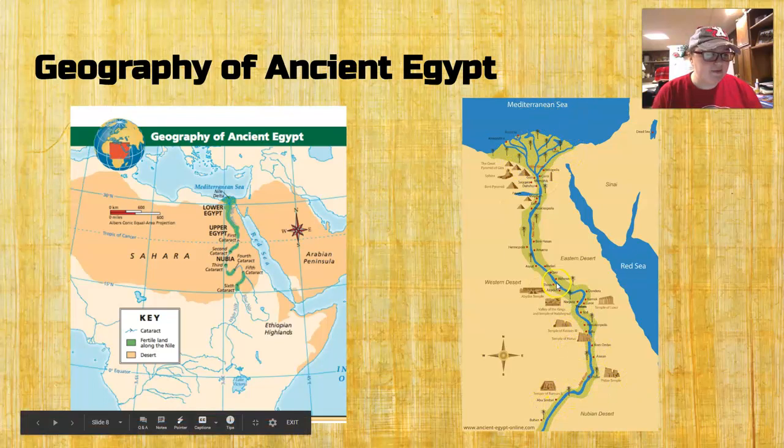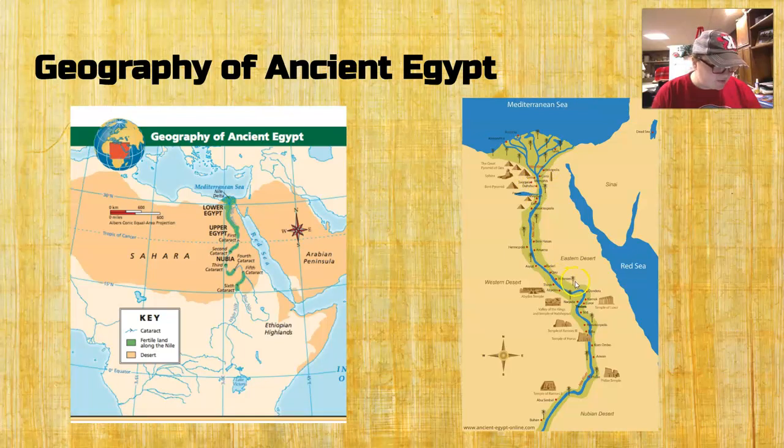But here you can see some of the important cities, like Cairo, Giza, Memphis. Thebes would have been right here. I'm not 100% sure if the Valley of the Kings is on here. I'm thinking not. Here, the Valley of the Kings would be in this area as well. So all those major cities are all through there.